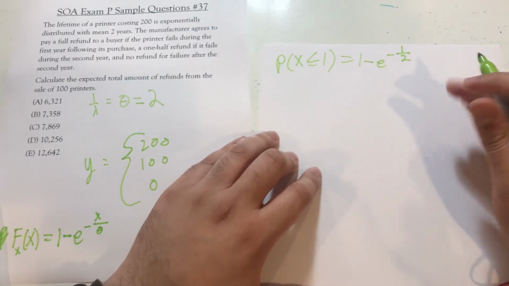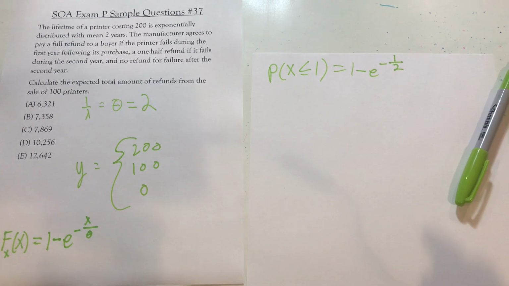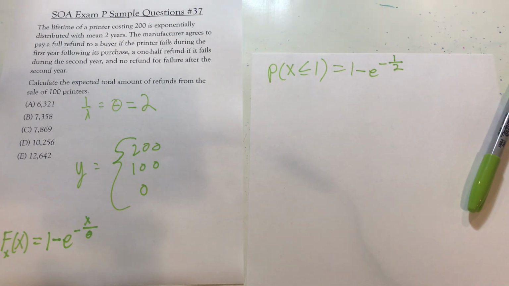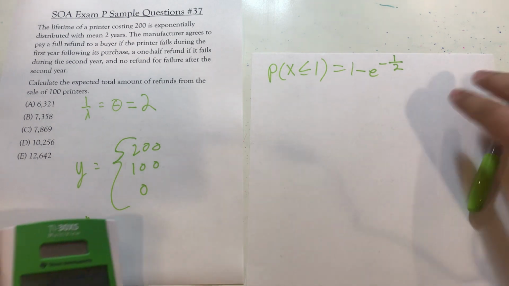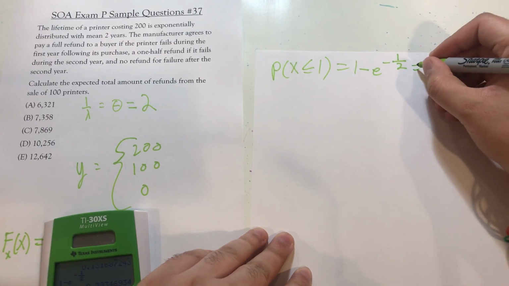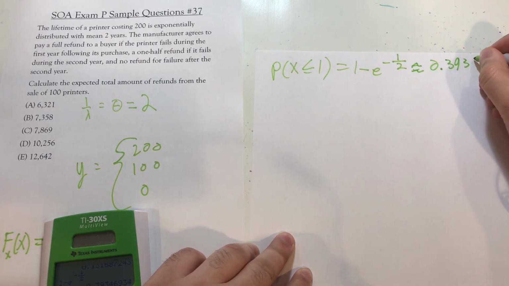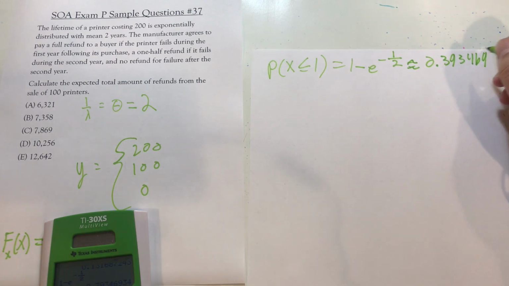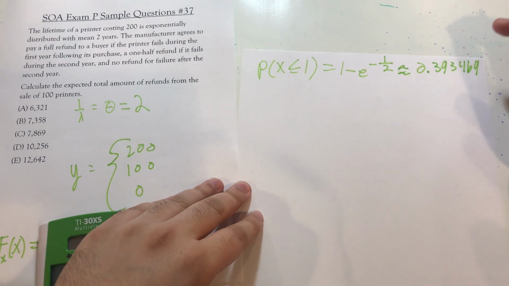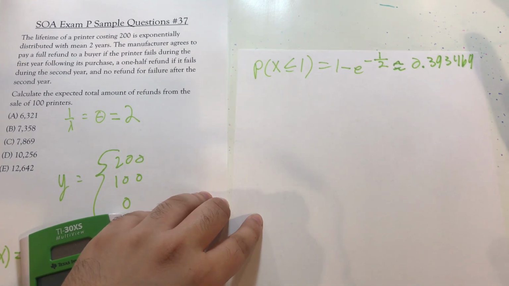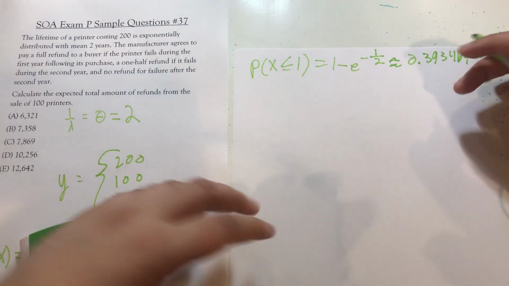Okay, so calculating this, the probability that it lasts less than a year is 1 minus e raised to the negative 1 over 2, and that is approximately 0.393469. So there is about a 0.393 chance that you get a full refund.